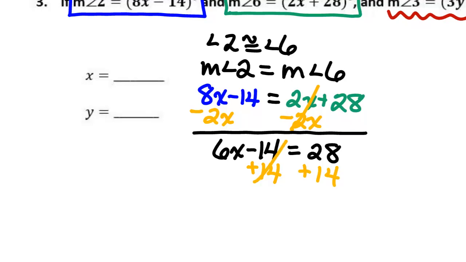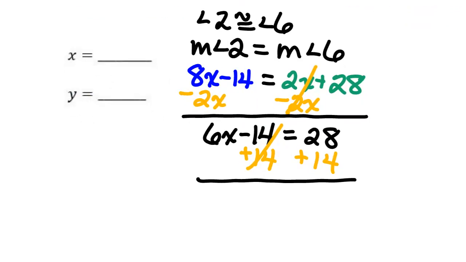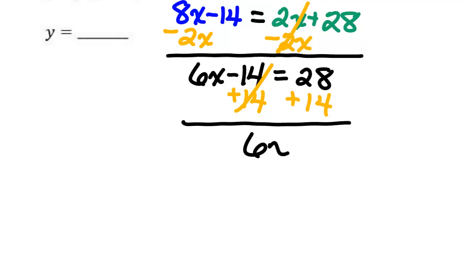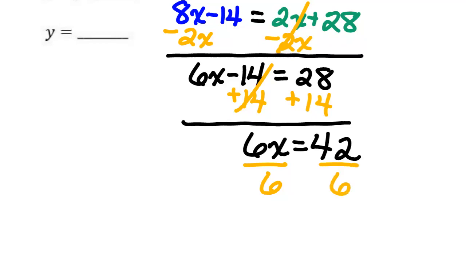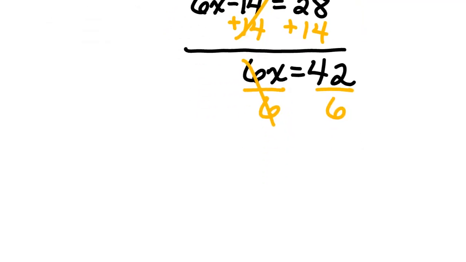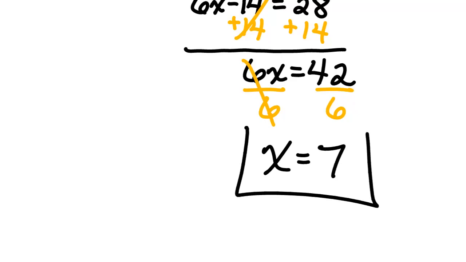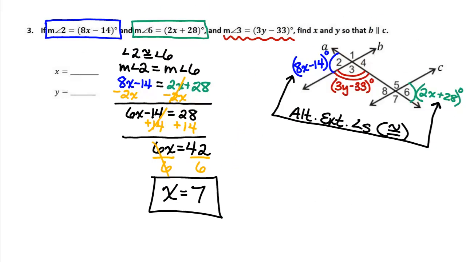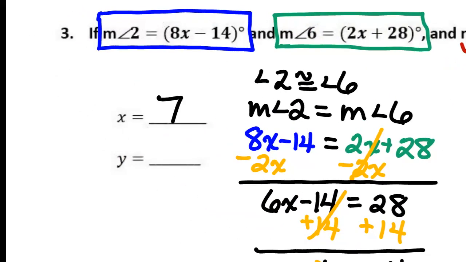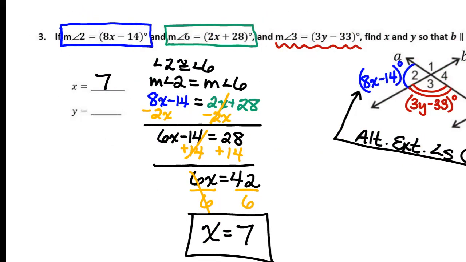What's 28 plus 14? 42. So 6x equals 42. Then we divide both sides by 6. What is 42 divided by 6? 7. So the value for x that makes those lines parallel is 7.